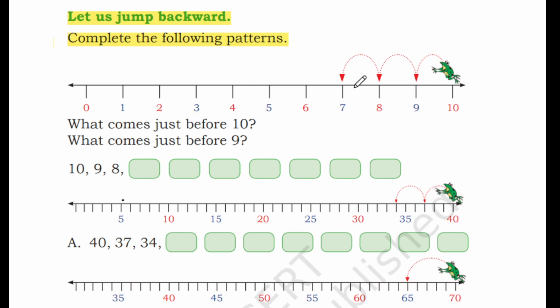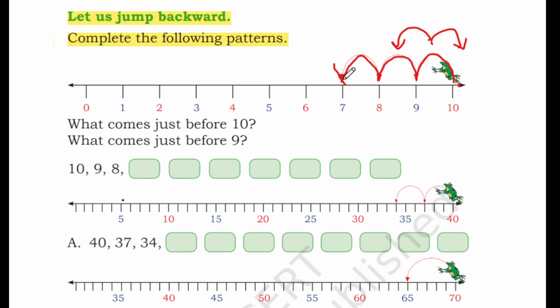So see this frog. So if you look at this frog, it is jumping backward. So front is this one, right? So this is front. So see this frog. This frog is jumping backwards from 10 to 9, 9 to 8, and again from 8 to 7.